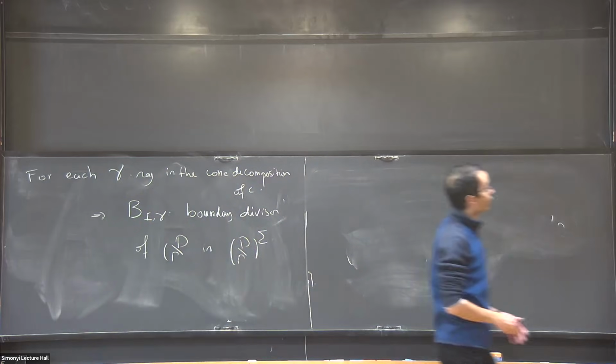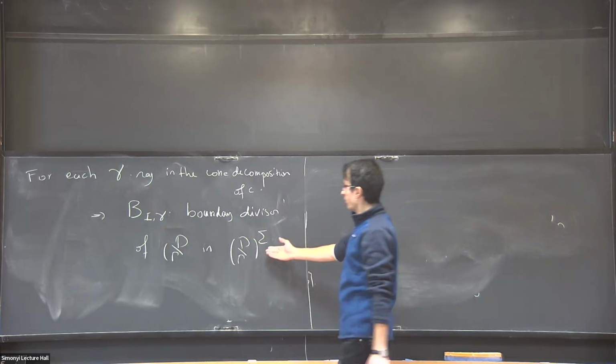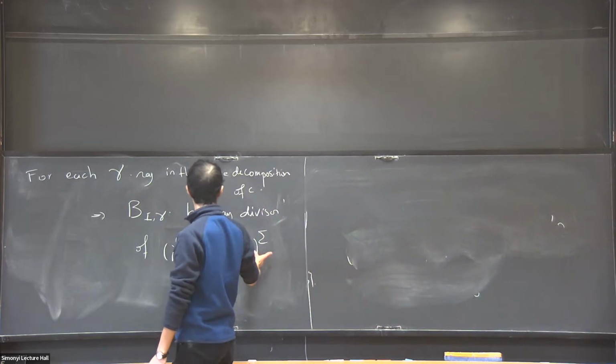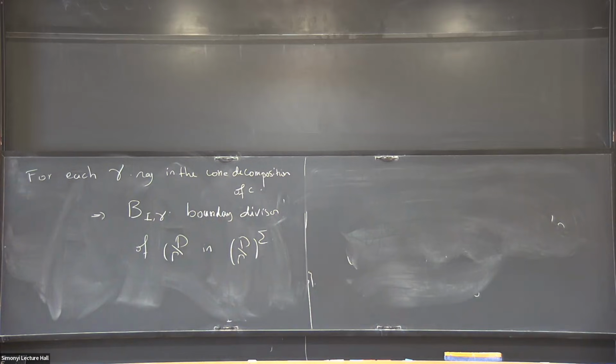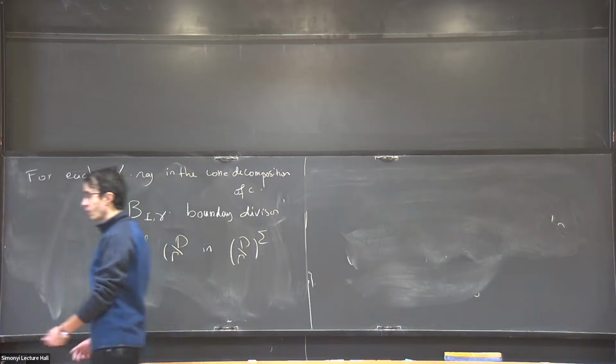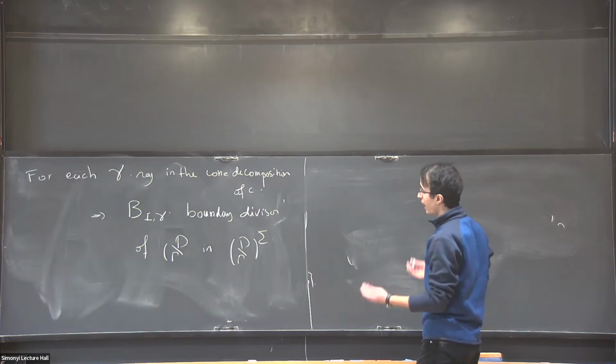Now the picture is complete. This is how all the boundary divisors are constructed. They come from toric geometry. That's the important point here. Okay, now we have the boundary divisors.